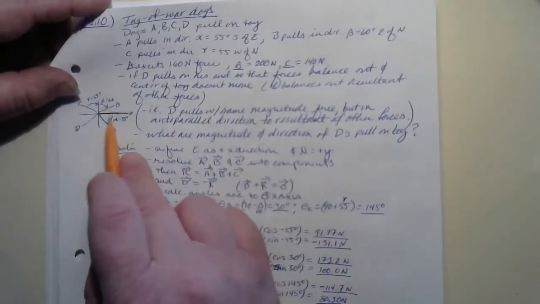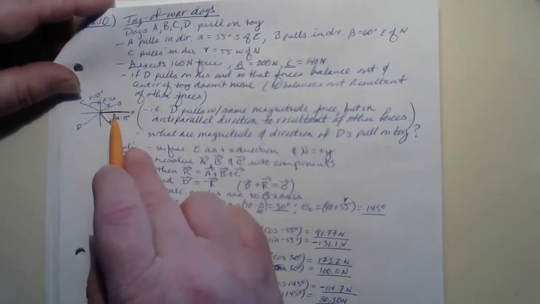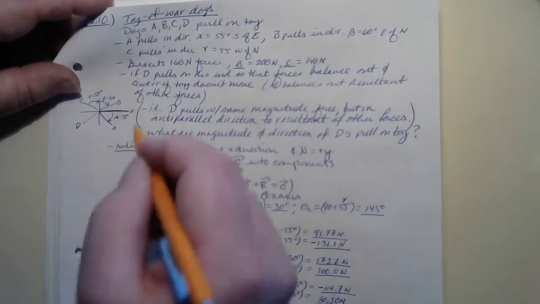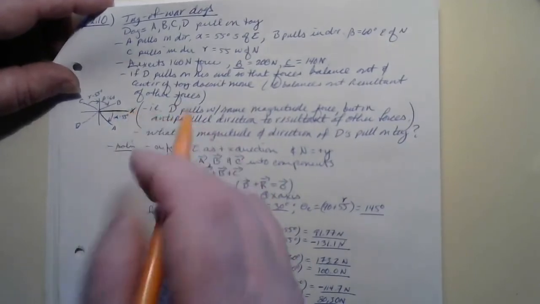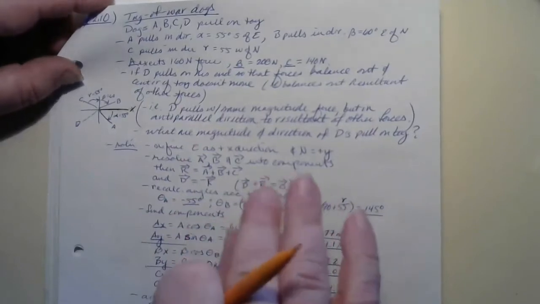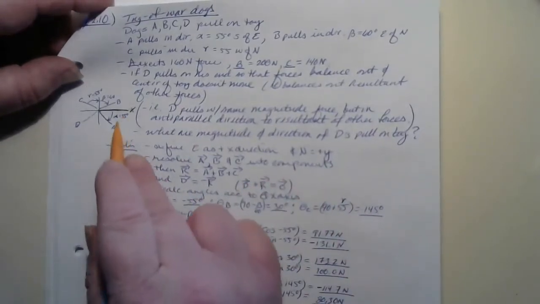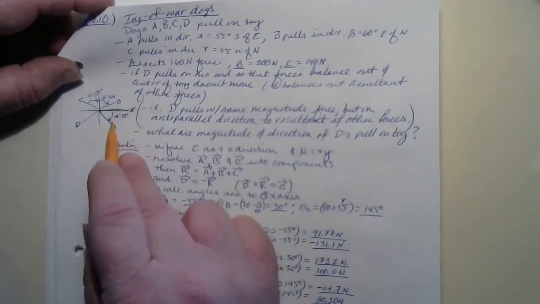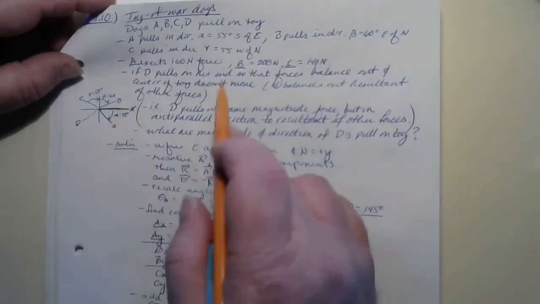That would be this right here. South of east just means it's below the x-axis, because traditionally the x-axis is the eastern direction if you want to deal in points on a compass. So 55 degrees south of east would be this angle right here.